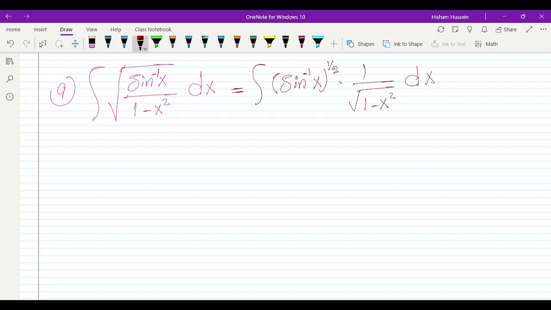Now we have a sine inverse function, power to half, and the derivative of this function, which is 1 over root 1 minus x squared, exists. So simply raise the power by 1 and divide by the new power. Sine inverse x to the power 3 over 2 divided by 3 over 2 plus c.